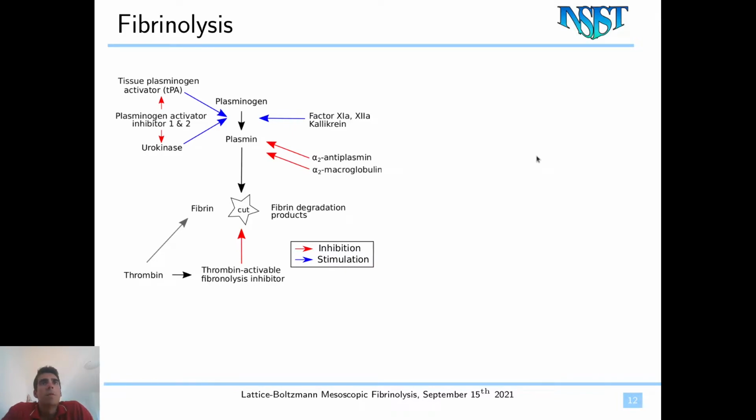So let's now dive into the subject. Fibrinolysis is a topic that is pretty well described at the biochemical level, but it is a little bit complex if you want to model every entity. Because if we do so, we will lose sight of what are really the fundamental entities that are important for the reaction.